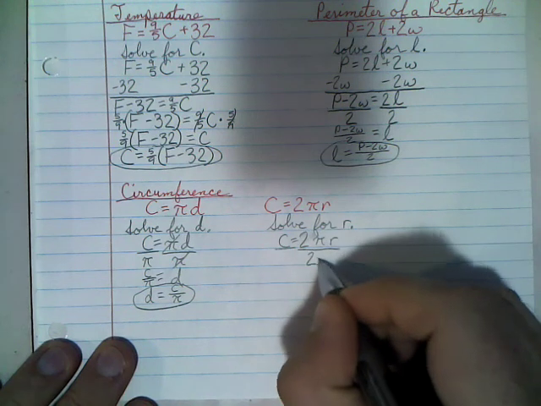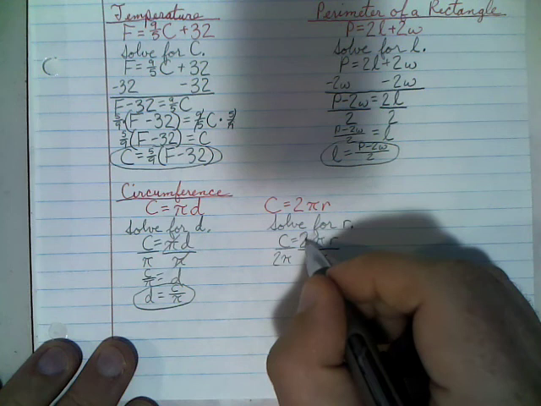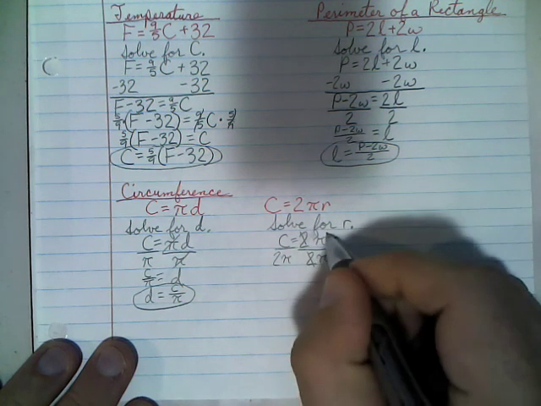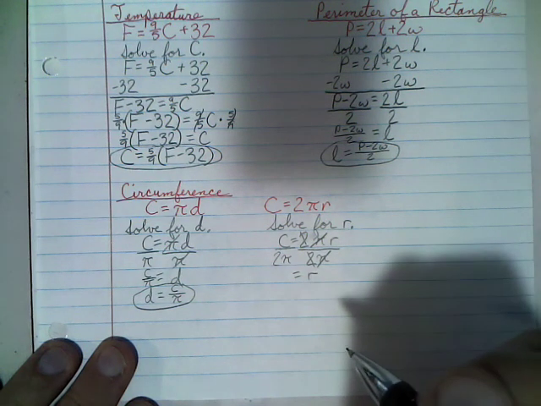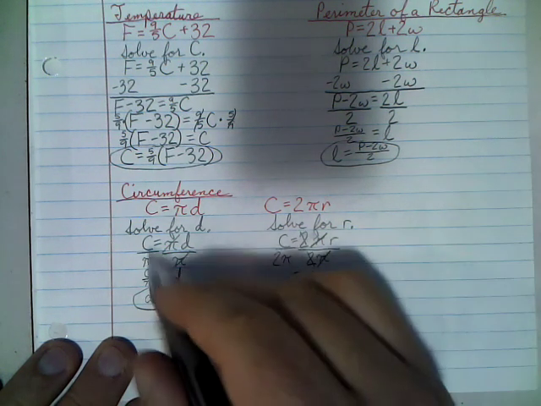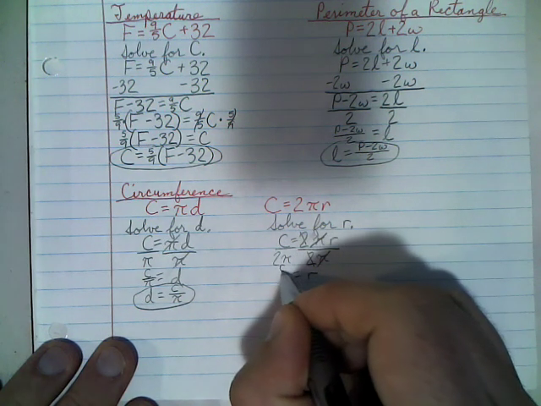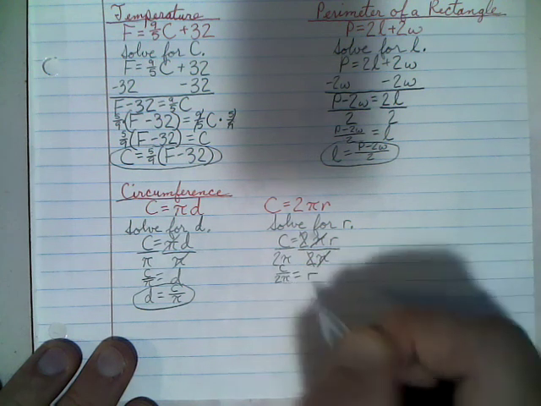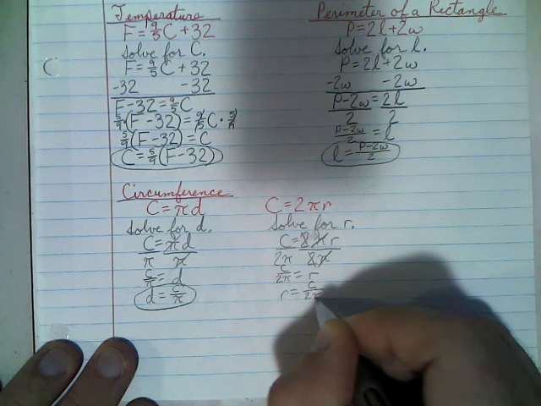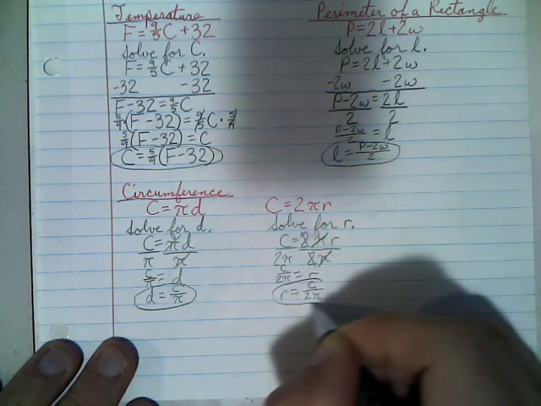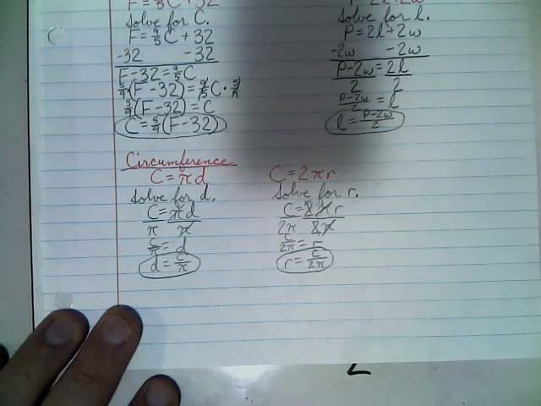If I divide both sides by 2 pi, then the 2 can cancel with the 2, and the pi can cancel with the pi, which will leave me with just r. And just like on this one here, there's nothing that we know that can simplify, so this will be C over 2 pi. So the radius equals the circumference divided by 2 pi. And that, ladies and gentlemen, is the end of our lesson.